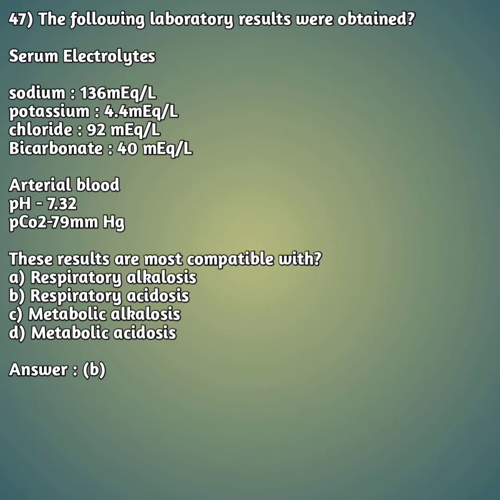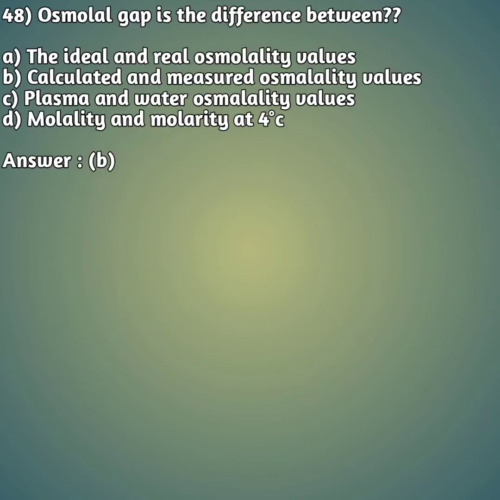These results are most compatible with what? Option A, respiratory alkalosis. Option B, respiratory acidosis. Option C, metabolic alkalosis. And option D, metabolic acidosis. So the right answer with this case history is answer B. This is respiratory acidosis.